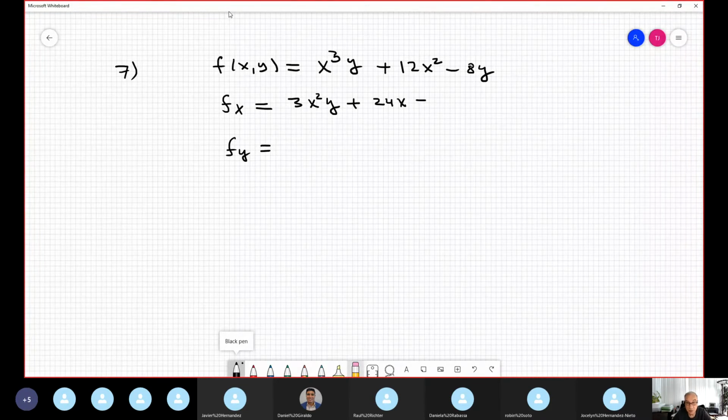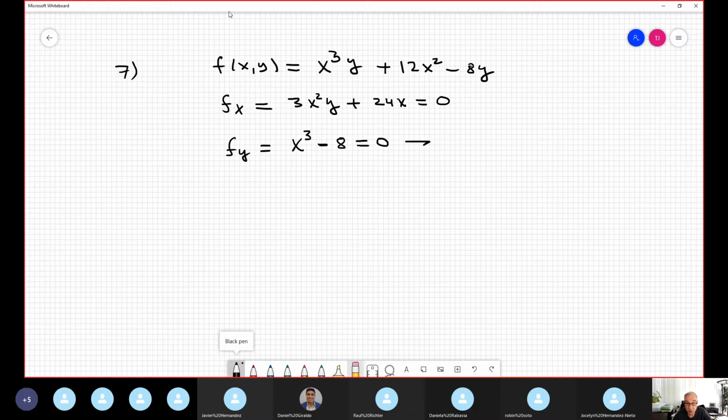You put it equal to 0. The next one is the first derivative with respect to y, which is x cubed minus 8. Okay, easy. I like that because this is one equation that contains only one variable, no system.